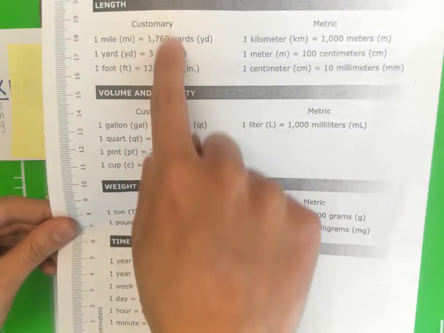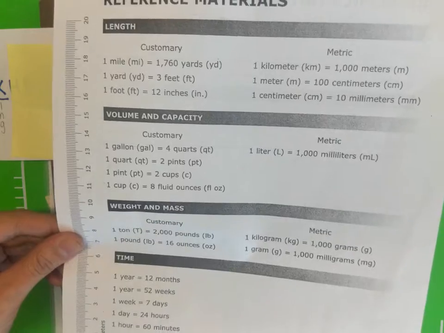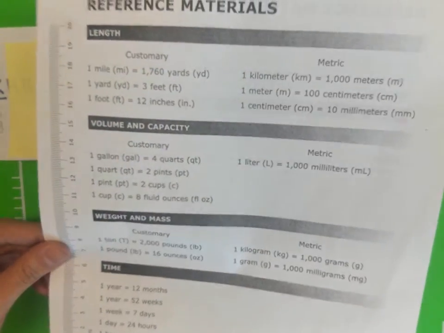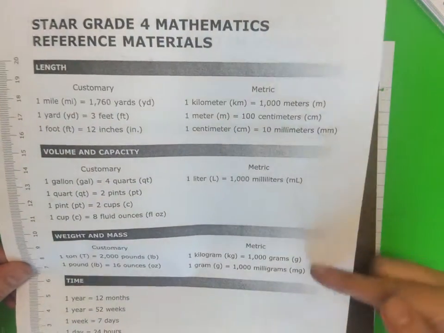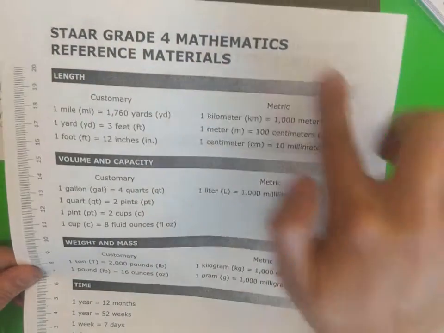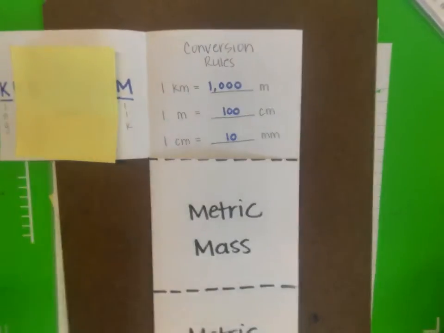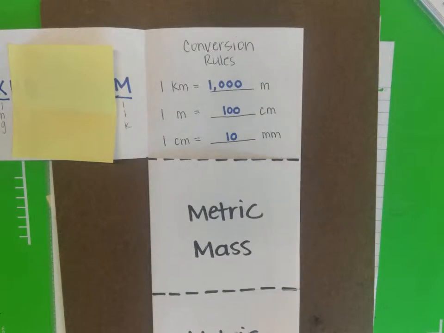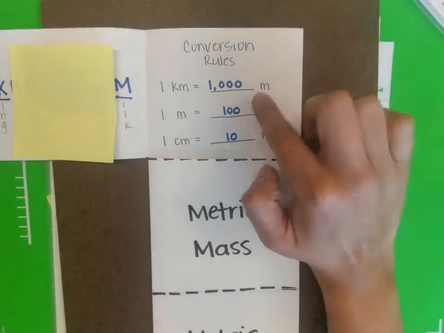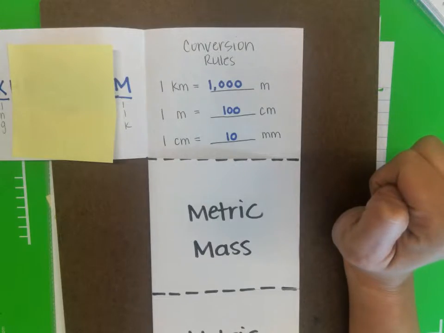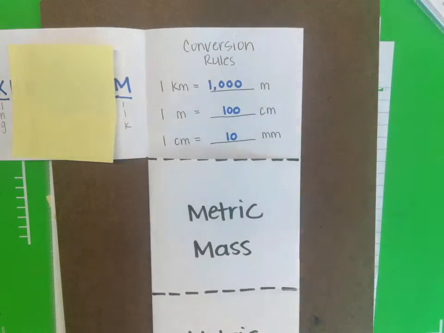Last week we learned nothing but customary, and this week we are talking about the metric side, and so we're going to be focusing right here on metric length. So remember, in metric, M stands for meters, not miles. So go ahead and make sure that you have this filled out because I want you to use it while you're working on your practice problems.